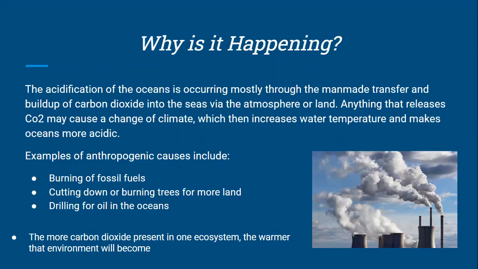As humans, we do these actions so often. A lot of carbon dioxide is being released into the atmosphere, which makes it present more often in other ecosystems, and essentially makes those ecosystems a lot warmer, thereby in the hydrosphere causing acidification. Next.